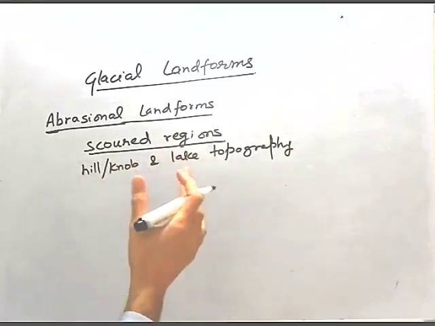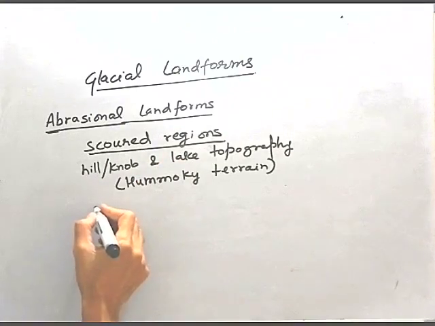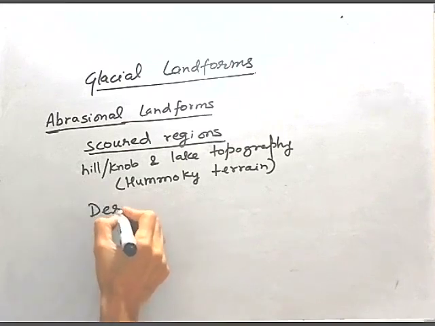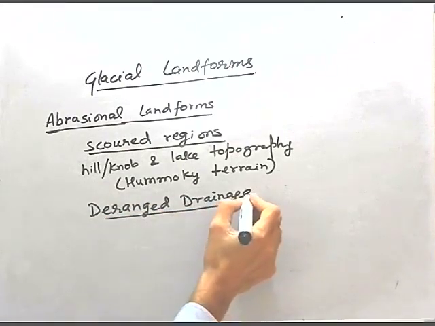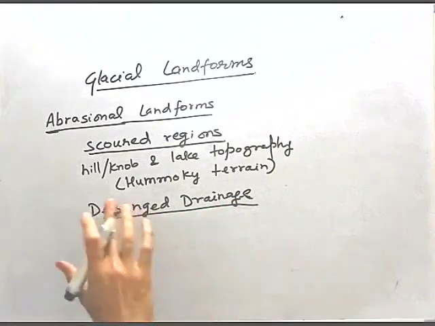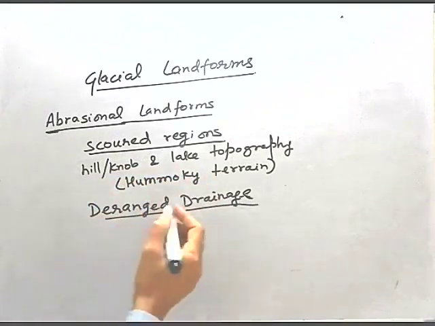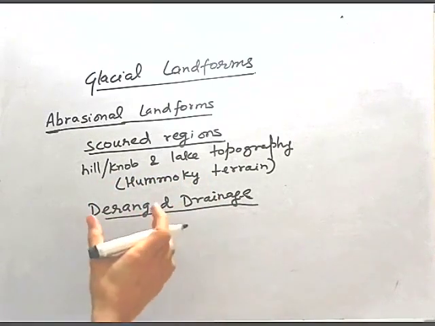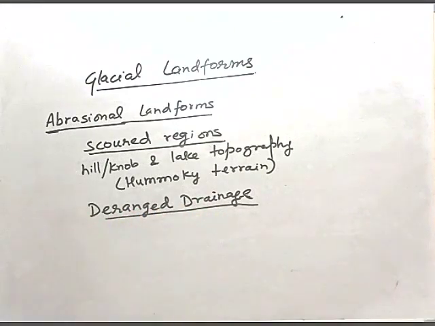So you can say this is kind of hummocky terrain, and the drainage pattern that develops in these regions is known as deranged drainage, because the landscape that emerges from the base of a continental ice sheet is very undulating, very hummocky, so it will take some time for the drainage to become arranged in the form of a dendritic or some other kind of drainage.